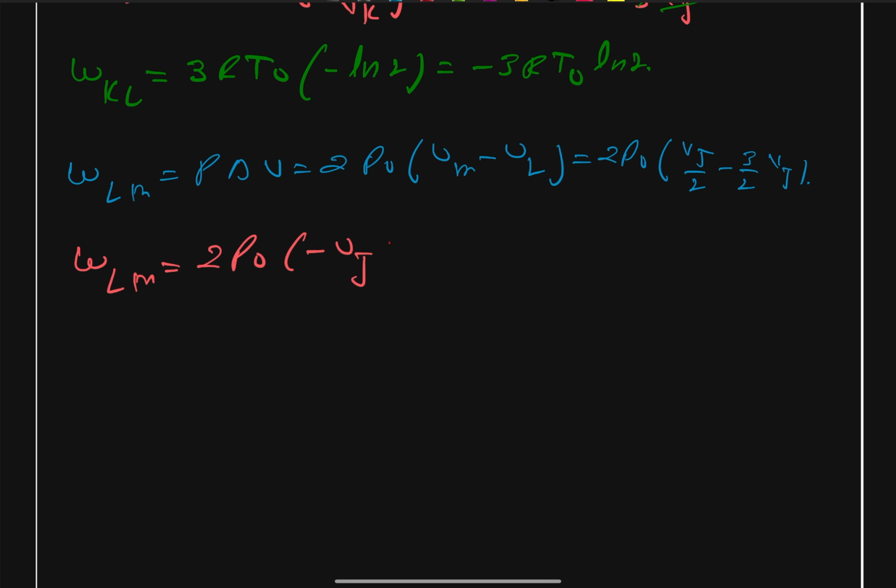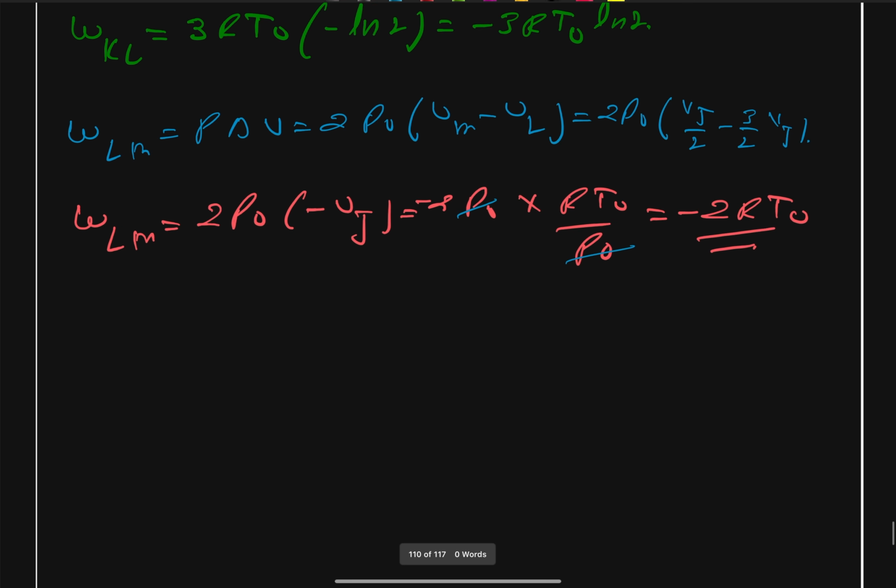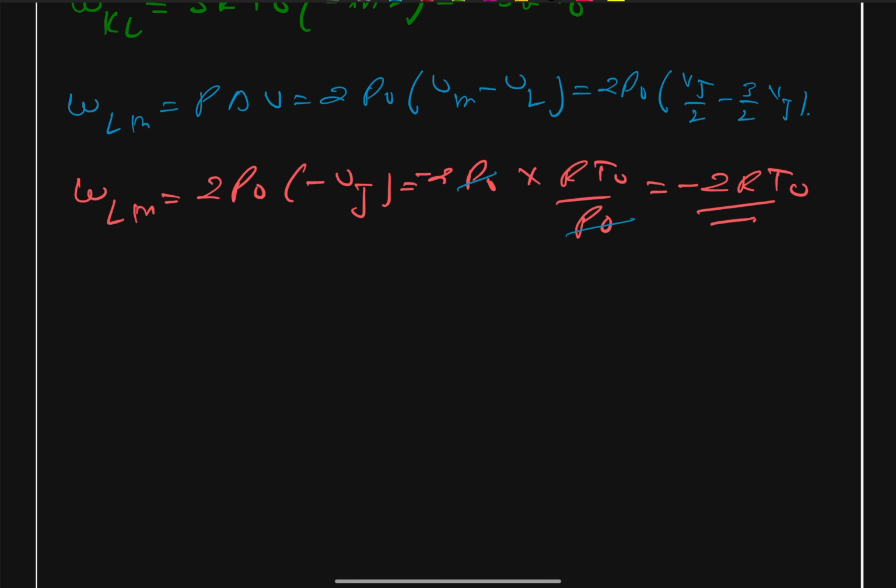We substitute V_J, so this gets twice P naught multiplied by R T naught divided by P naught. P naught and P naught cancel out, and this comes as minus 2 R T naught. And finally is our work done from M to J. Once again it's isothermal, so we get R T naught natural log of V_J and V_M.